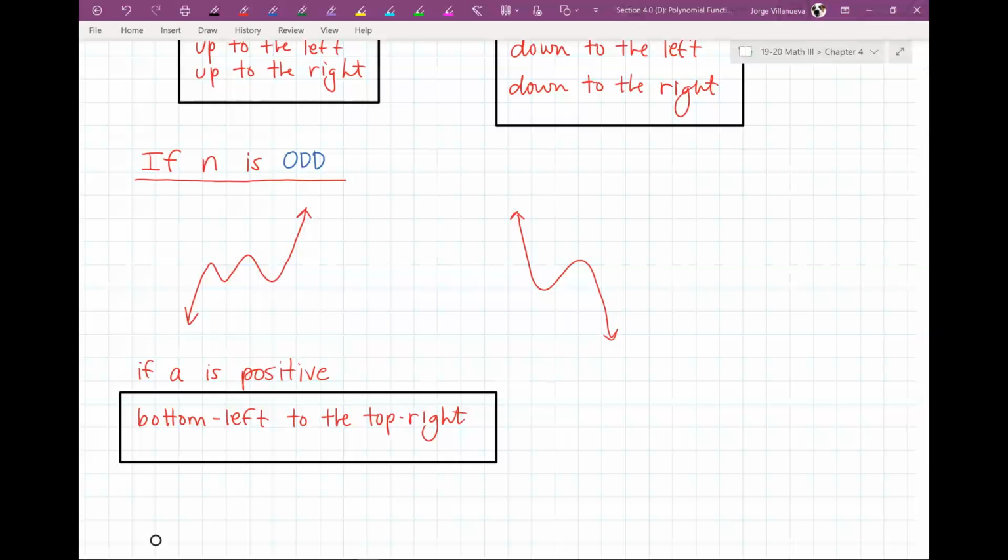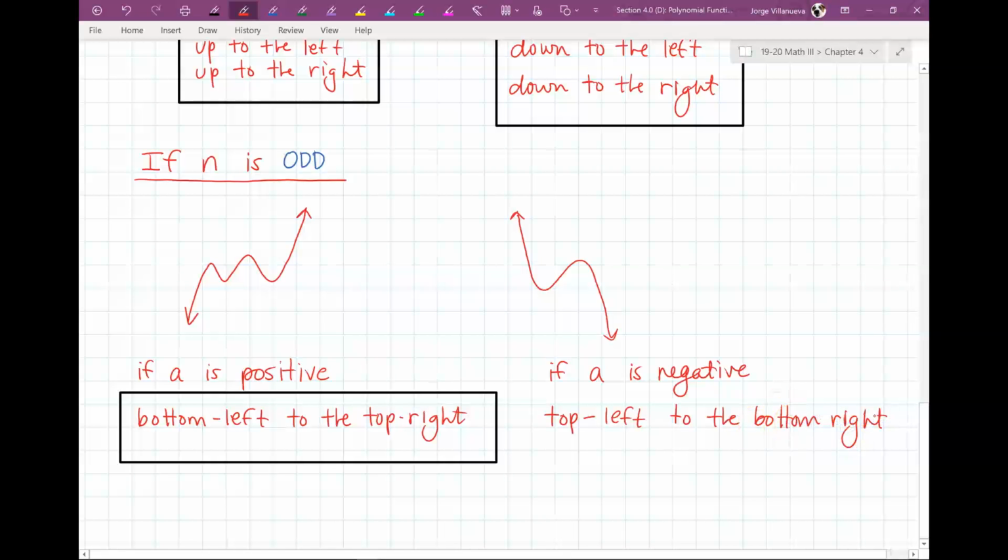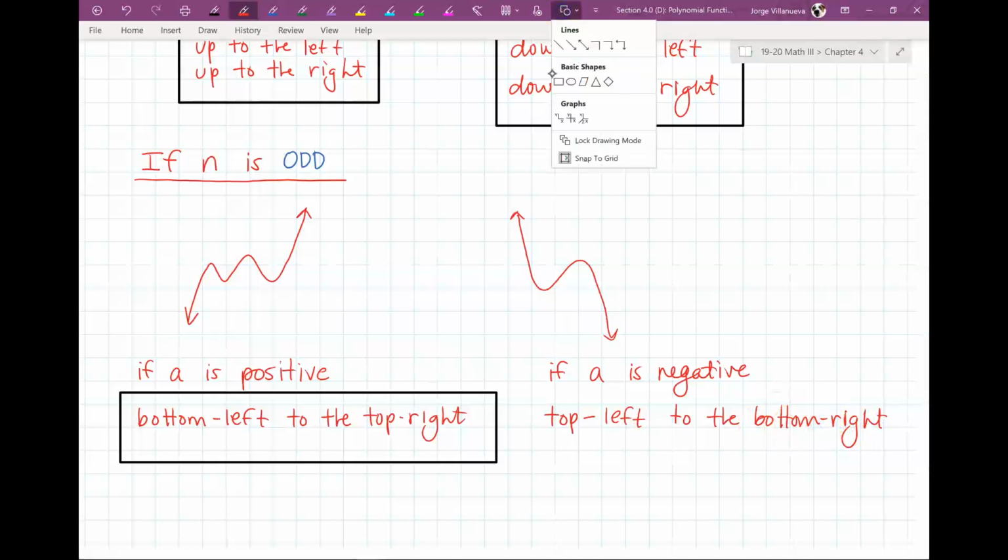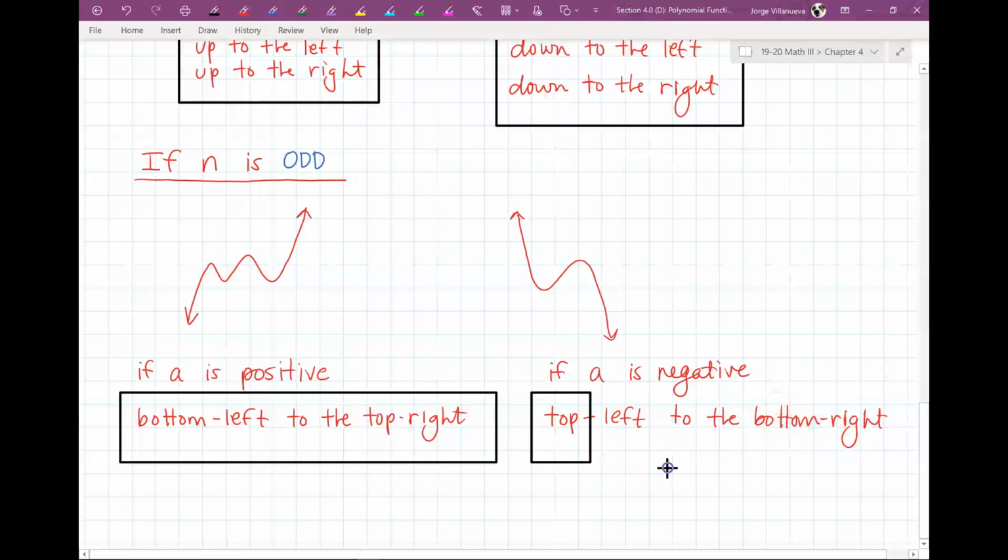So bottom left, top right. If A is negative, then it starts at the top left to the bottom right. And that's that big old definition I told you guys about, okay?